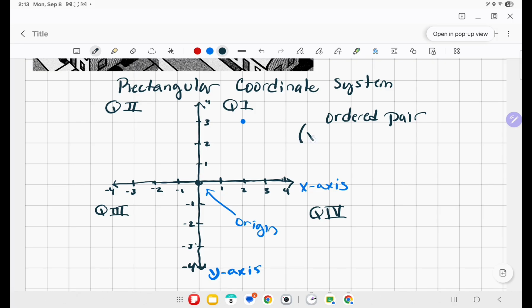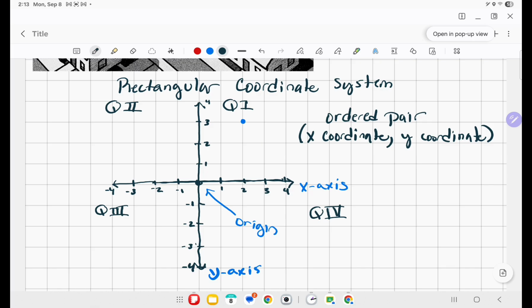It has an x coordinate and a y coordinate. You cannot give me the location until I have both x and y. And they have to be in that order. The order is important. You can't put the y first. I need the x coordinate and the y coordinate. Together they make an ordered pair.